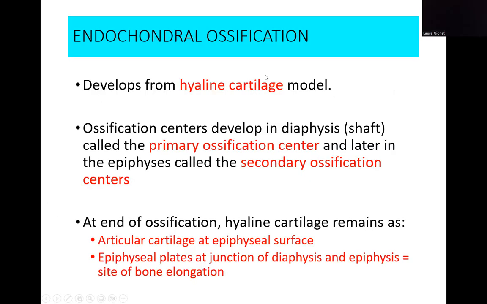Right? This is how our long bones will really develop, and they do that through endochondral ossification. We develop from a hyaline cartilage model. What does that mean? It means that you're going to have a mass of hyaline cartilage, chondrocytes in lacunae, and it's going to be, I don't want to say a blob.